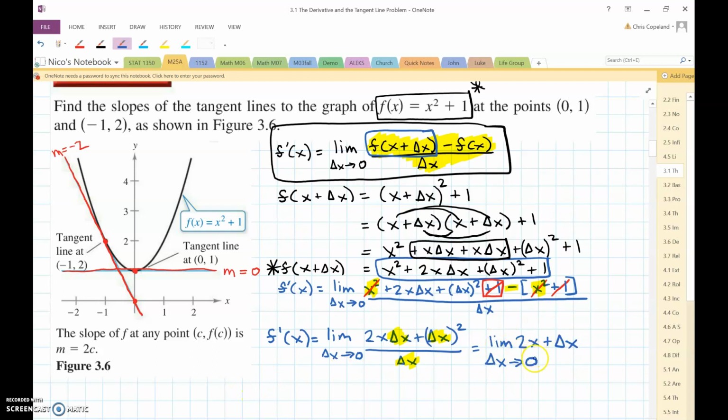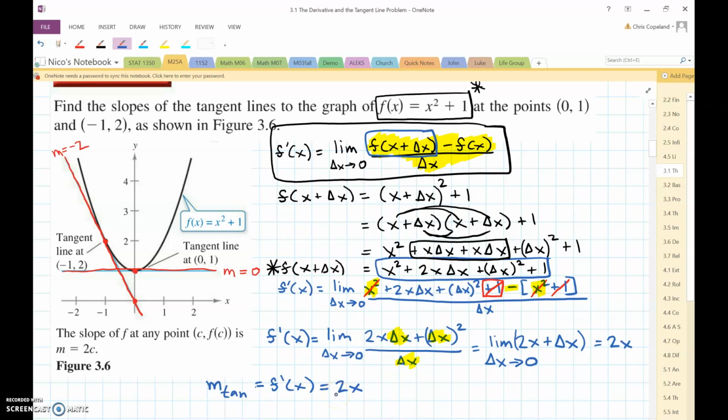Now I can evaluate the limit. As delta x goes to 0 here, you're just going to be left with 2x. So f prime of x, which is the slope of the tangent line, is equal to 2x.